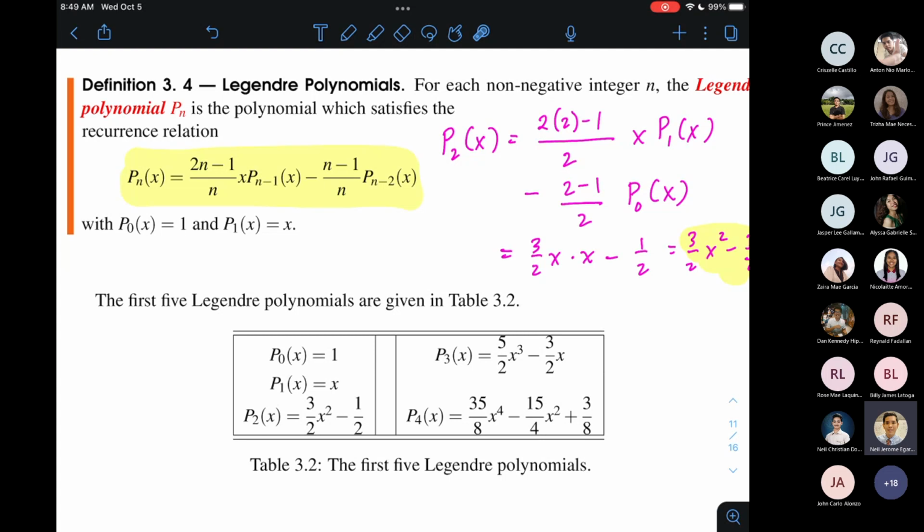So pag gumamit kayo ng built-in command sa MATLAB, siguraduhin niyo muna na yung ginagamit na polynomial ay exactly kung ano yung nasa vertex. All right? So kasi baka Legendre polynomial, I don't know if this is called the Legendre polynomial of the first kind in MATLAB. Kaya lang baka pag ginamit niyo yung Legendre command ni MATLAB, of the second kind yung ibigay sa inyo. So medyo mamamali yung mga x sub j's na makukuha nyo, right? So make sure you're using the right command. So read the documentation.